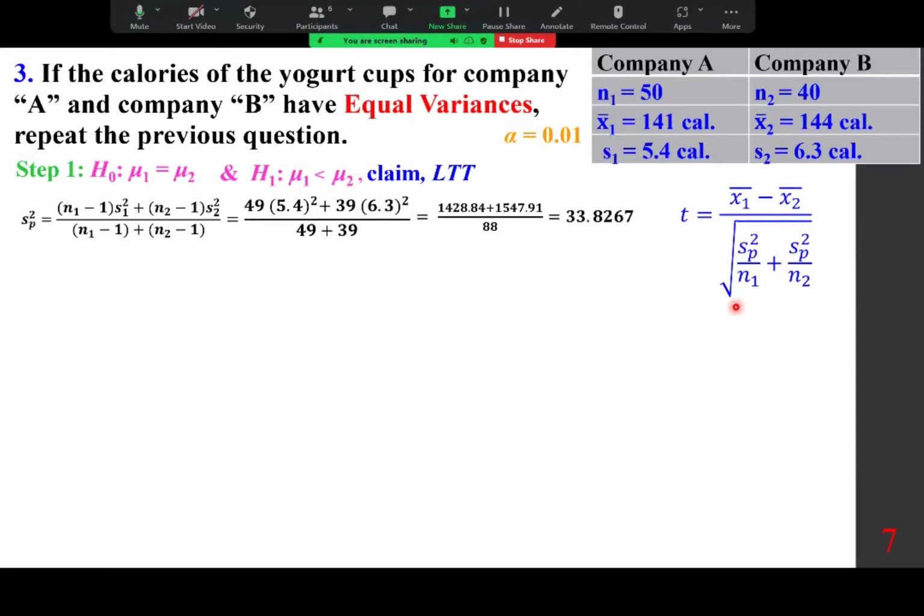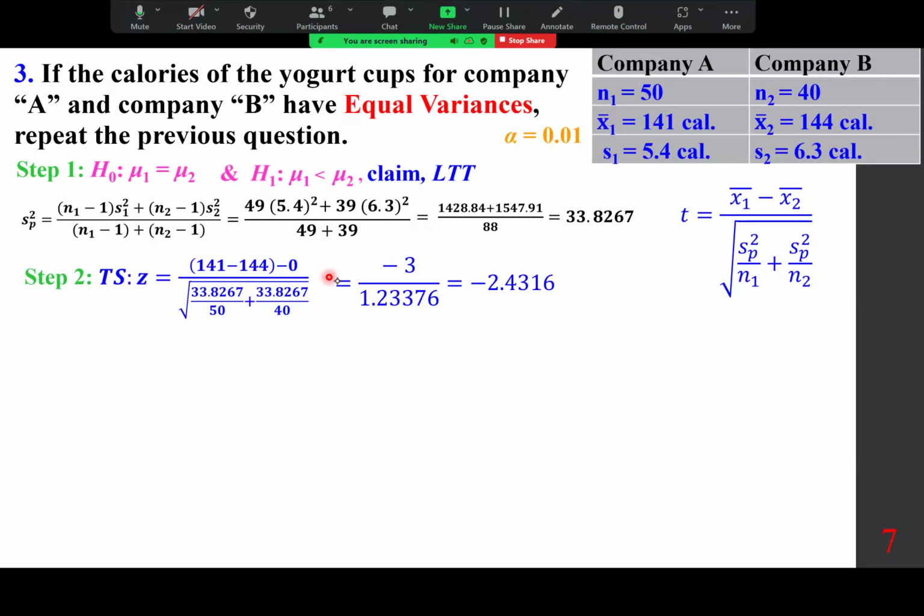And so the test statistic using that, following the formula, of course, the number in the numerator, as you remember, was -3. The same thing happens here. And we get the test statistic of -2.4316.